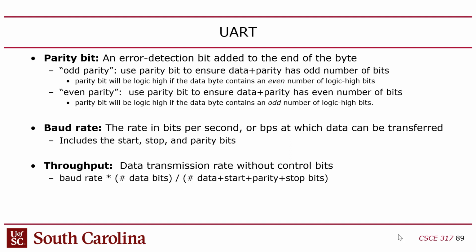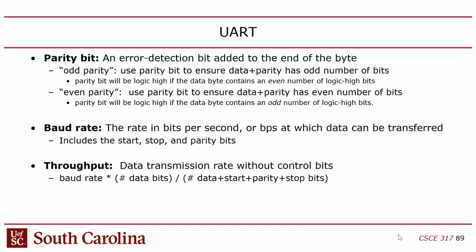If you have an odd parity bit, it means that the total number of 1 bits comprising the data and the parity bit inclusive, the whole thing together, has an odd number of 1 bits. So the effect of that is that if the data byte had an even number, then the parity would be high, because then that would make it odd. You guys make sense? Right?